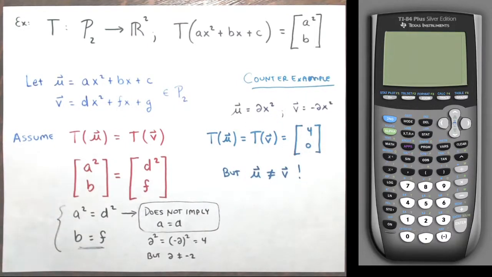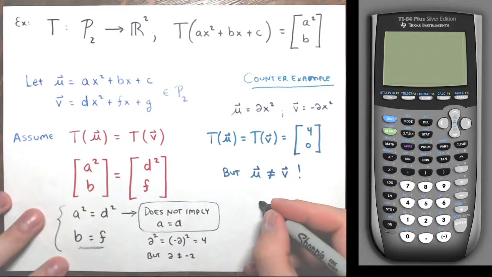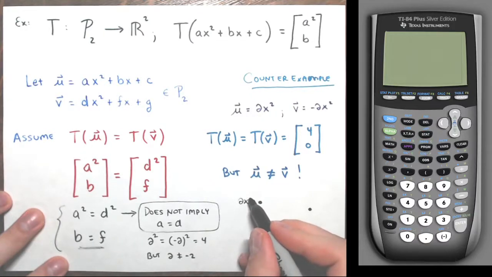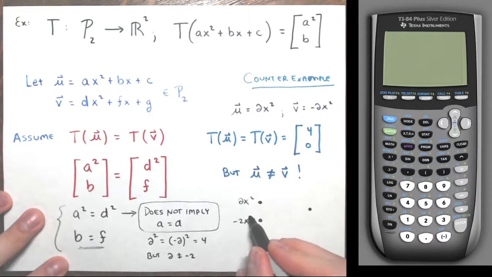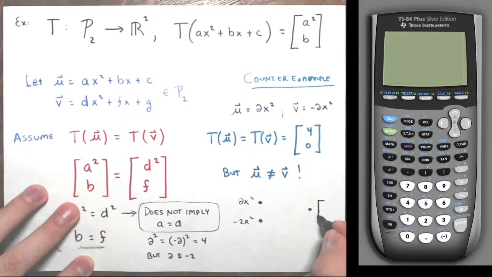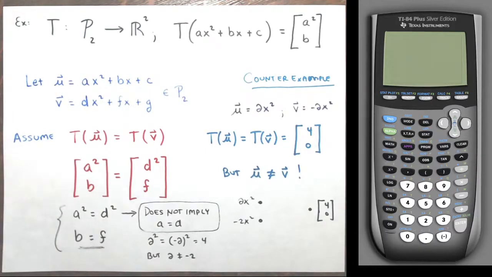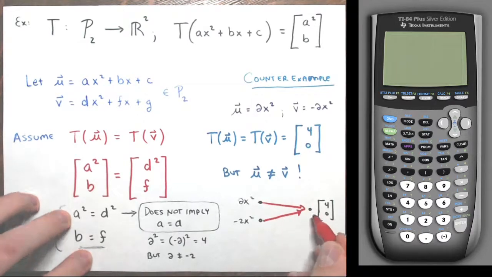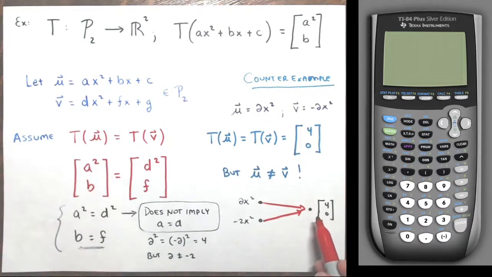And just like I did earlier, if you were drawing a little mapping picture, imagine these little dots represent elements of the domain. I have 2x squared in the domain, negative 2x squared in the domain, and then the vector 4, 0 is in the range, in the codomain, but also in the range. This maps to that, and this maps to that. So we have found an element of the range that has a preimage with more than one element.